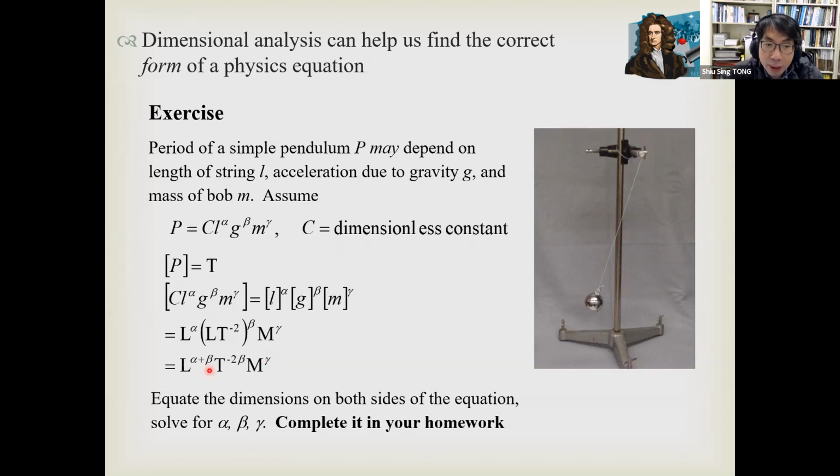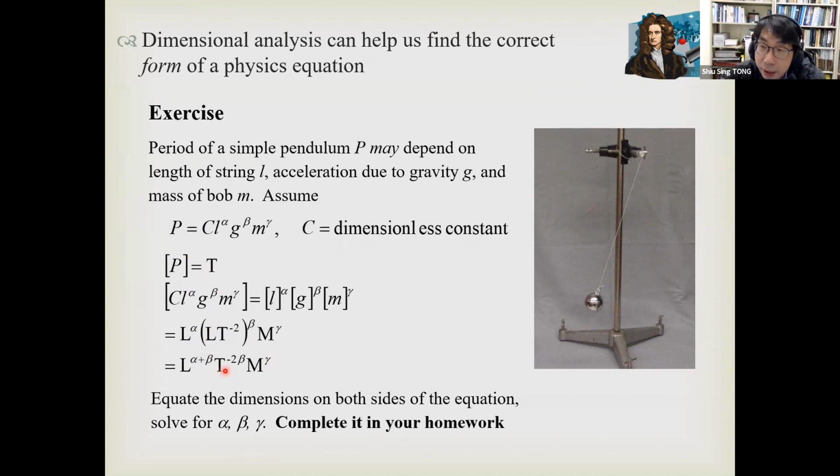And also the right-hand side should not depend on length, because the left-hand side does not have the length. And so alpha plus beta must also be 0. Is that right? And to match the dimension of time, you must have -2 beta equal to 1, right? To make the dimensions on both sides equal.